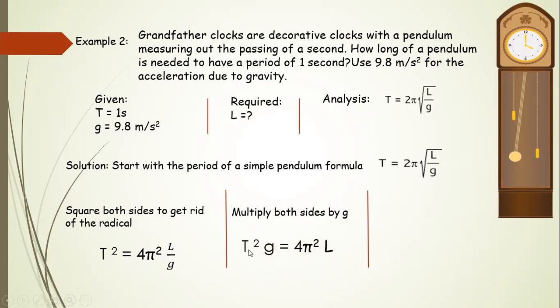That gives me T square g is equal to 4 pi square L. Now, in order to isolate L, I divide by 4 pi square on both sides. So over here it cancels, and the formula for L becomes T square g upon 4 pi square.